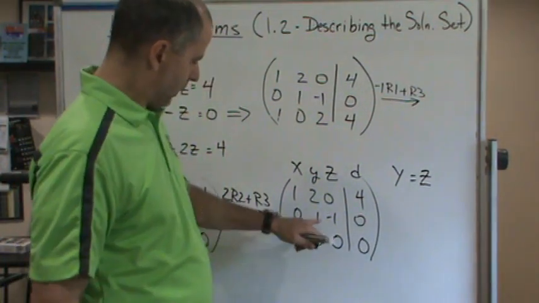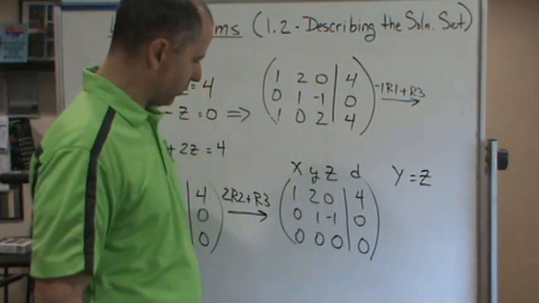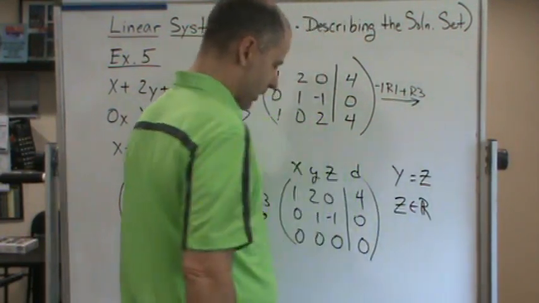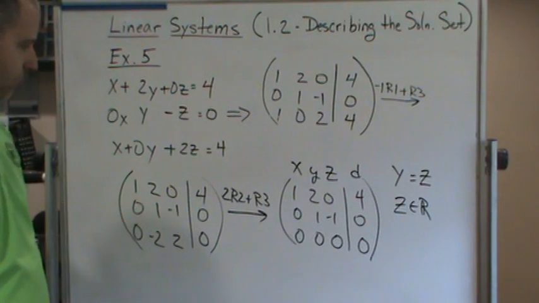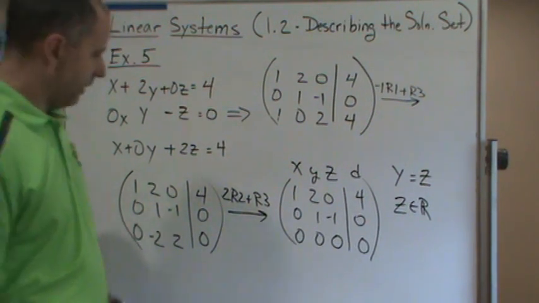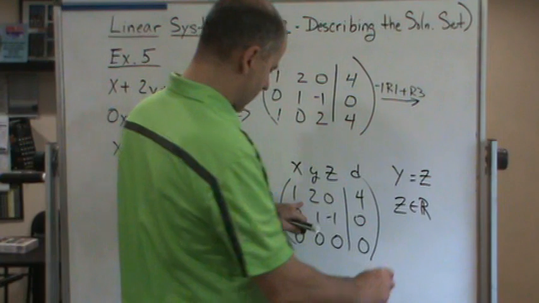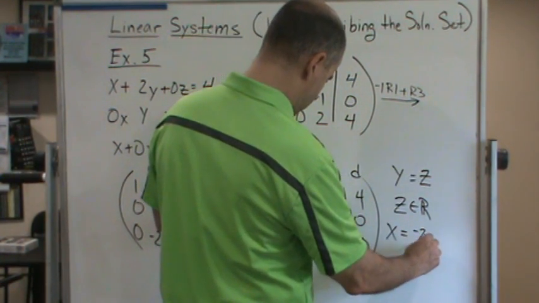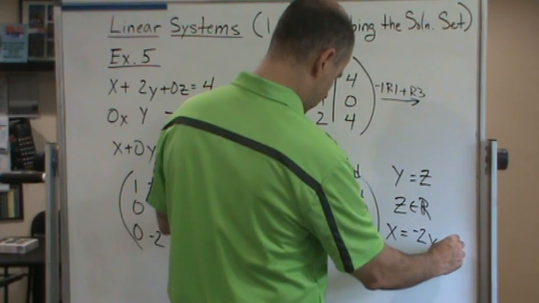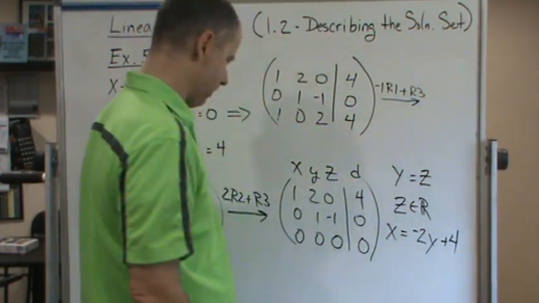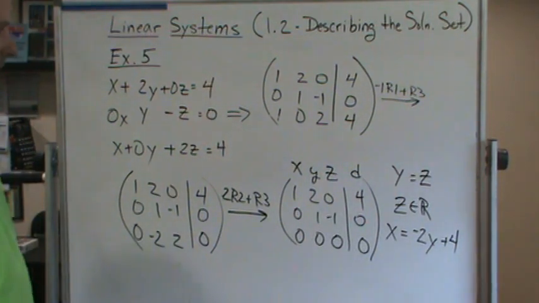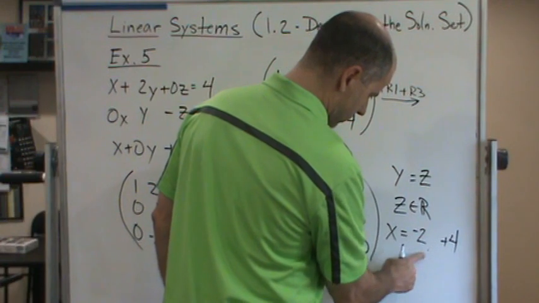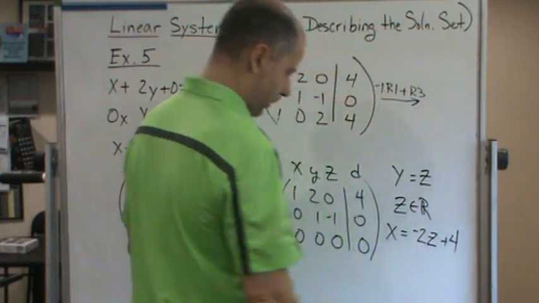And see also, z is not a leading variable, so it's free. So z is any real number. And then this here tells us that x is equal to negative 2y plus 4. But again, since y is equal to z, we could put it that way.